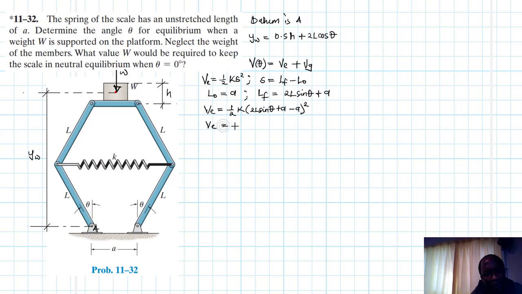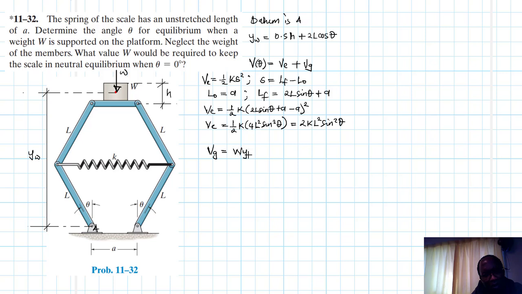This gives us half times k times 4L squared sine squared theta, which is finally equal to 2kL squared sine squared theta.